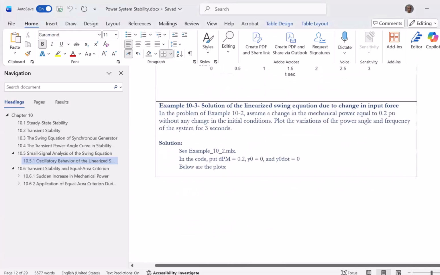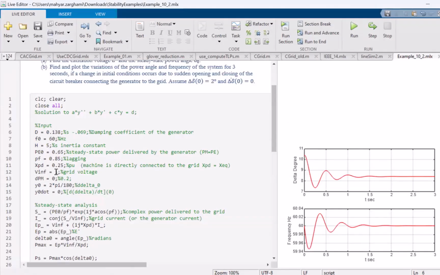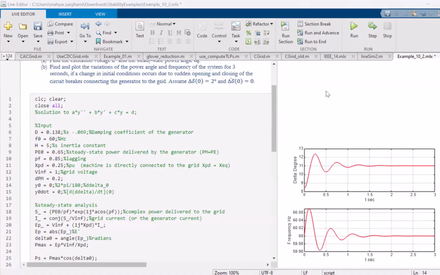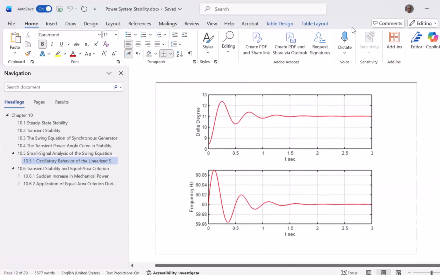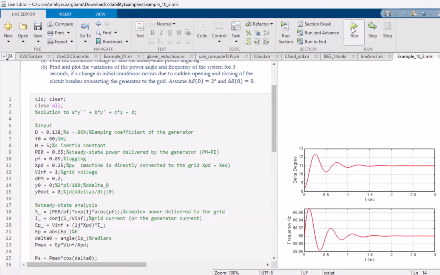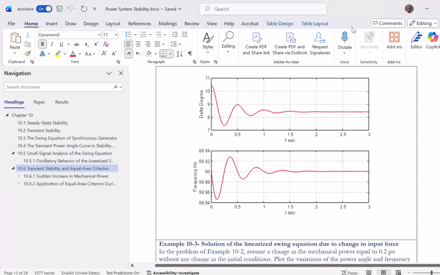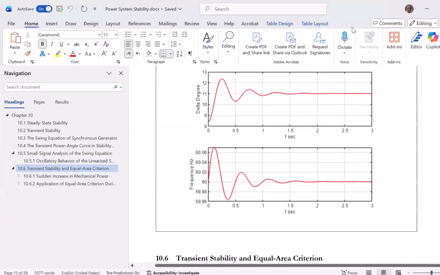And the results of 10.3 should be when we push power, and the initial conditions would be 0. So there would be some difference between these two, as has been explained. So you can see that the delta goes up. Here, delta goes down. This is the difference.